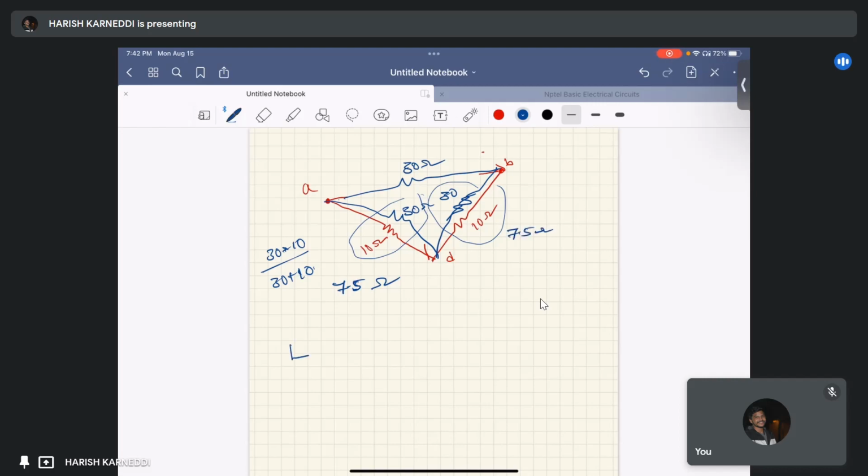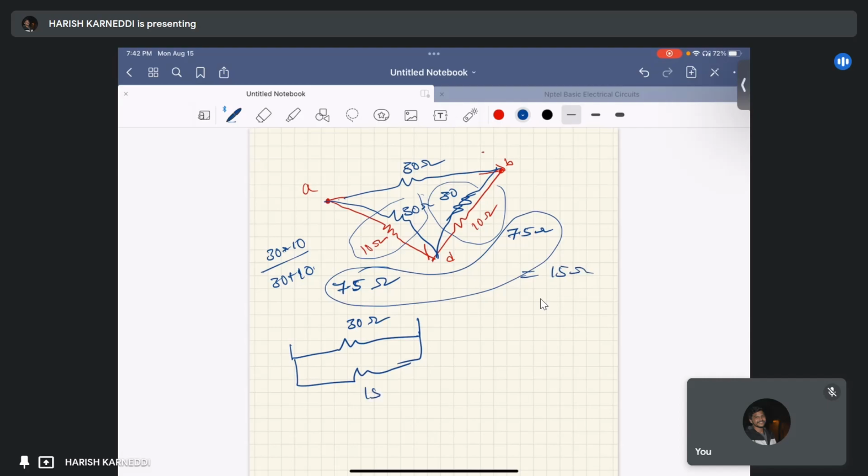Therefore, a new resistance, that is A cross D equal to 30 ohm. The 7.5 and 7.5 are connected in series, so the equivalent resistance will be just adding these, that is 15 ohm.